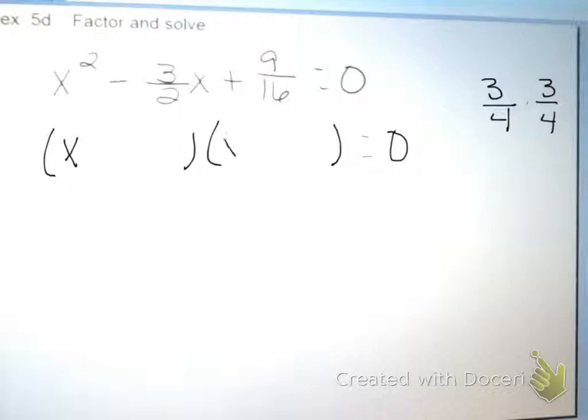Your signs are both going to be negative, and the square root of 9 over 16 is 3/4.